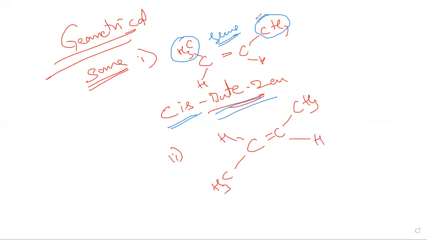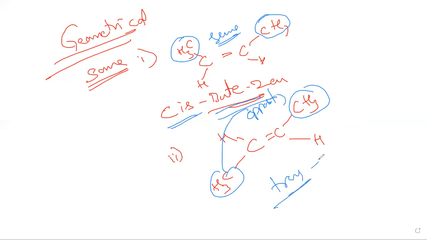The two methyl groups are opposite each other, and the hydrogens are opposite too. If they are opposite, then it is called trans. So that is trans-but-2-ene.